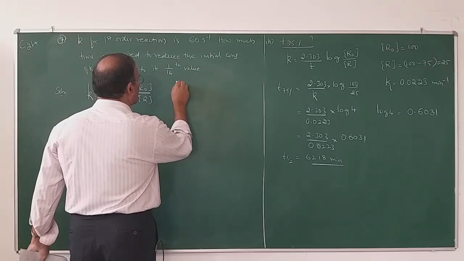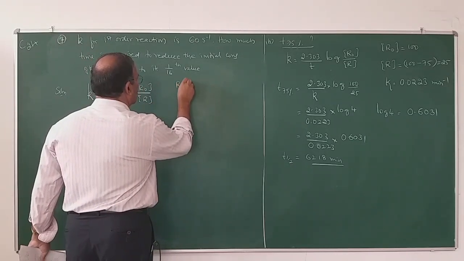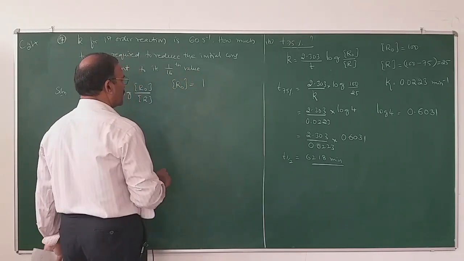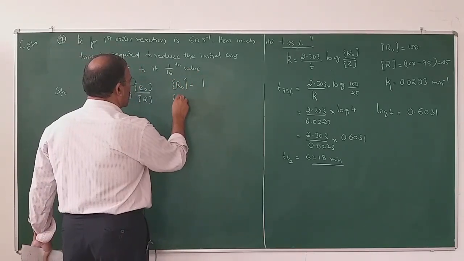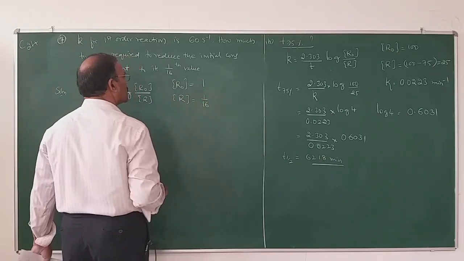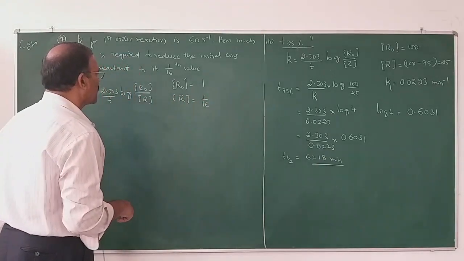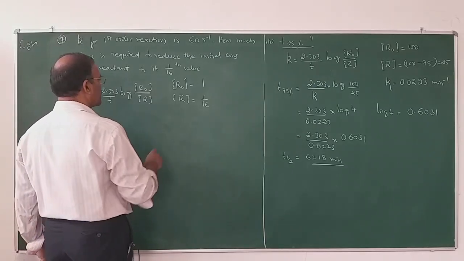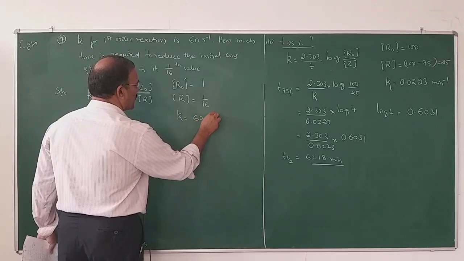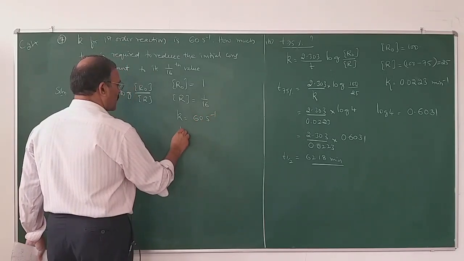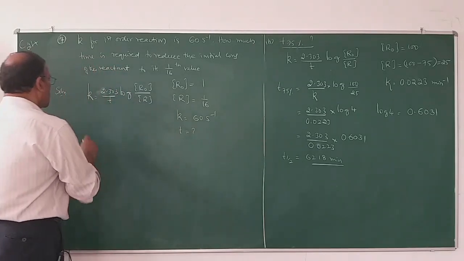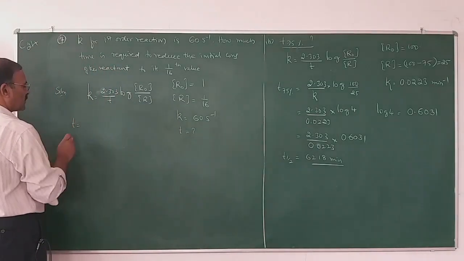Here, let R naught equal 1. Then the remaining concentration R is 1/16. K equals 60 second minus 1. You have to calculate T.